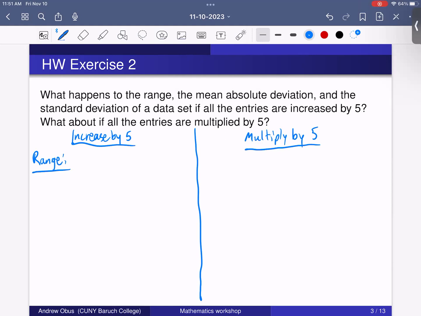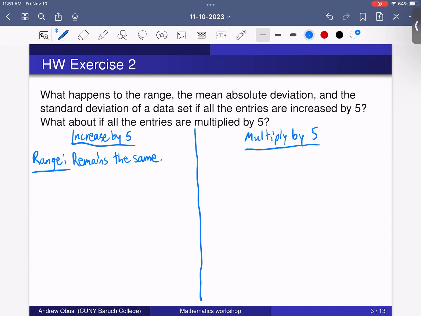Anyone want to answer? What happens to the range when we add 5? The range will still remain the same. Yeah, the range will still remain the same. Exactly, it remains the same.